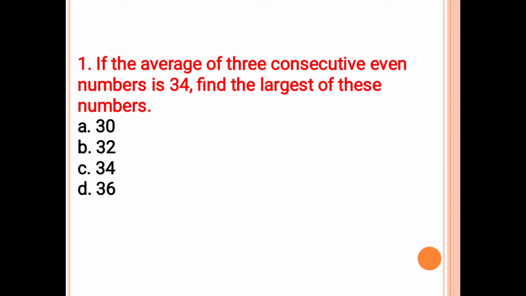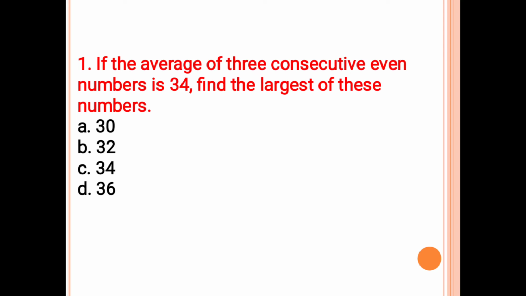For example, taking 2, 4, 6, what is the average? That is the sum of all the values divided by the total number of values. So 2 plus 4 plus 6 is equal to 12, divided by 3, that is equal to 4. That is the middle number of the three consecutive even numbers.